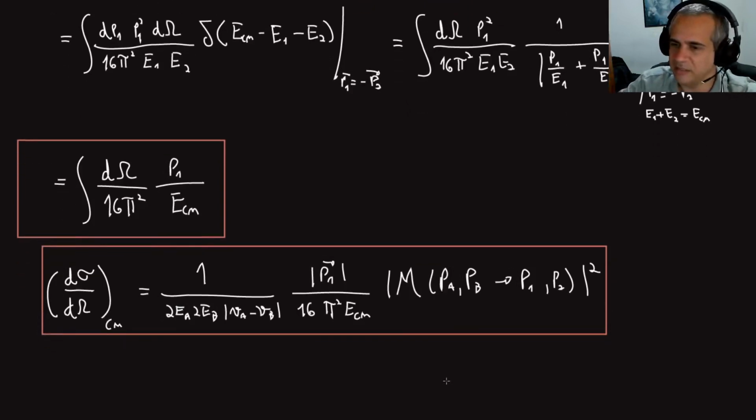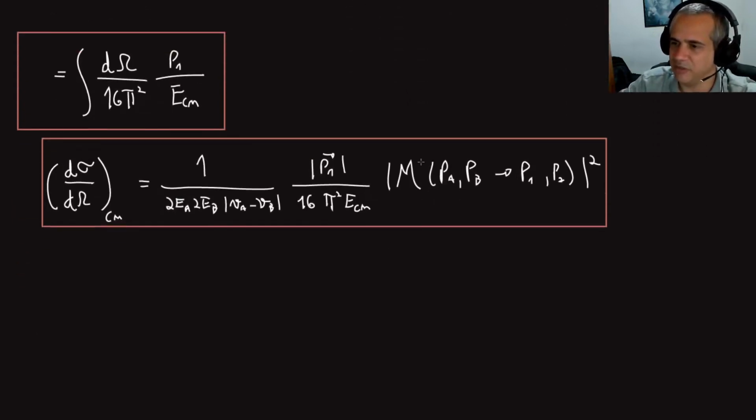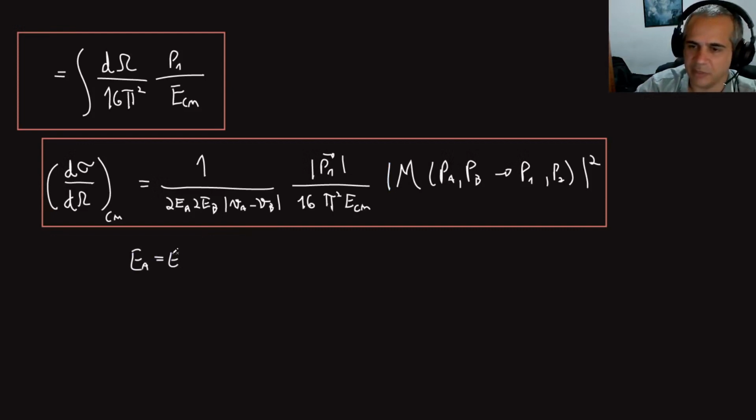I can take this even further without even knowing anything about the interaction if the particles are all identical, right? Suppose that all particles here have the same mass, right? In this case, the energy of the two incoming particles will be the same in the center of mass, right? Which is half, each of them will carry half of the center of mass energy.